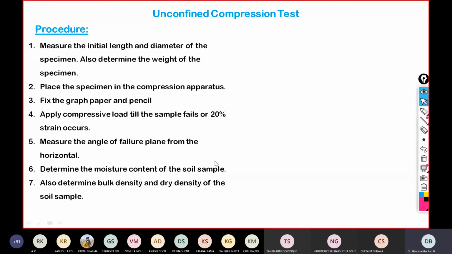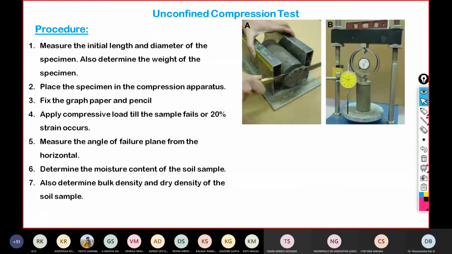Once the soil sample is ready, we have to conduct the UCS test on it. First we extract the soil sample and keep it inside the assembly of the UCS test. From this soil sample, we can also do a few things.